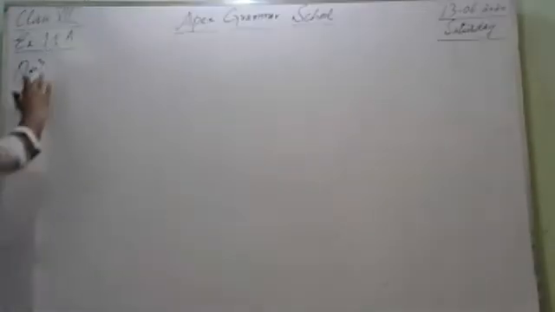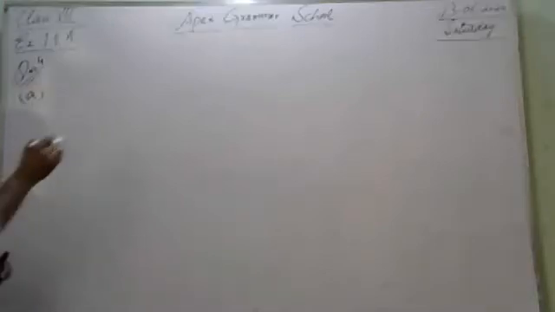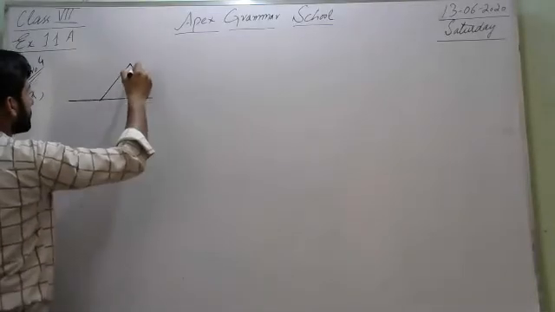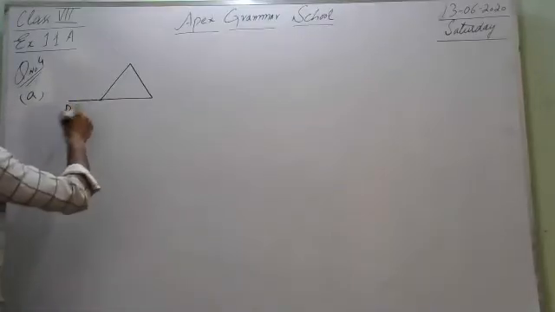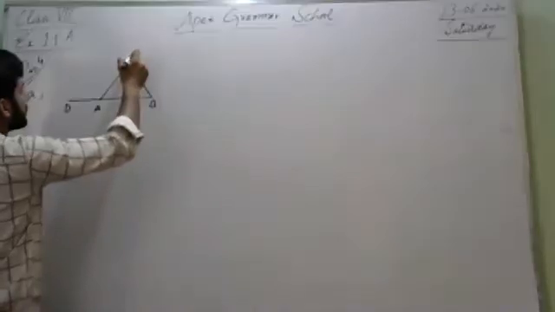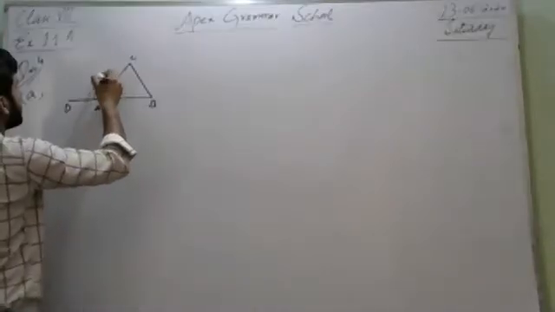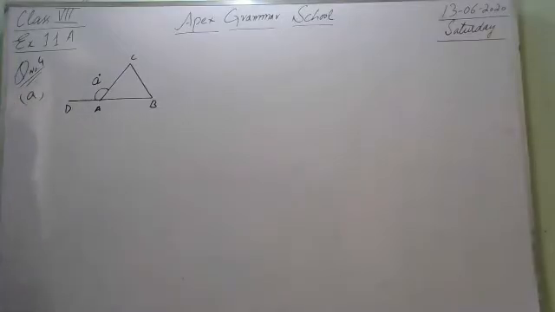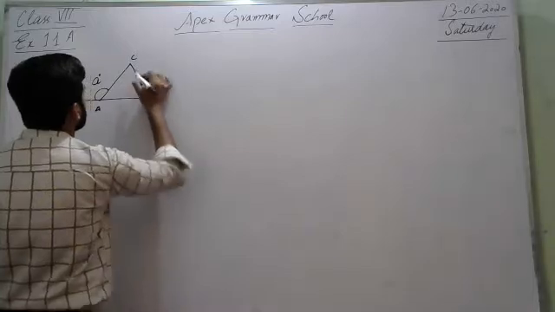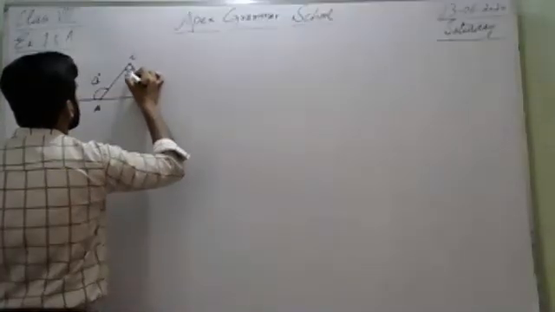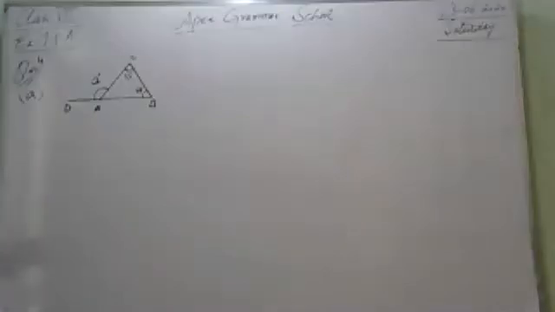A part I am going to solve for you. This angle we have to find, which is 8 degree. Interior angles are 47 and 55. You can see that two interior angles are given and one exterior angle is given.